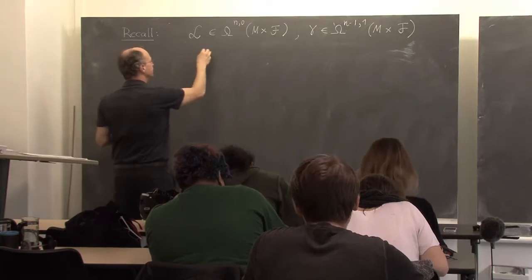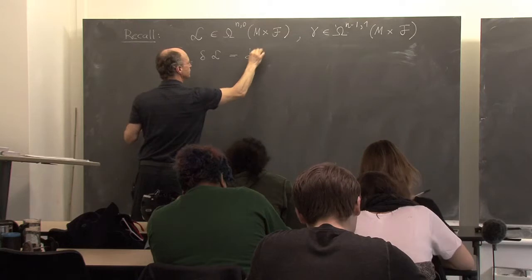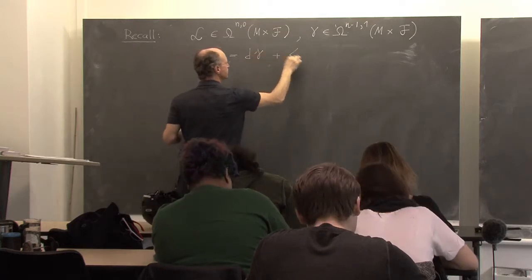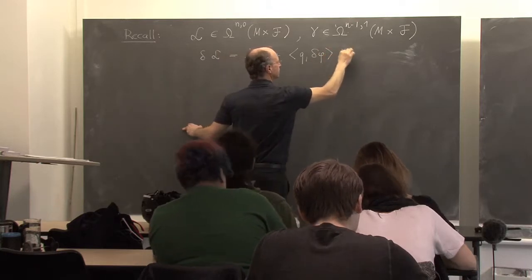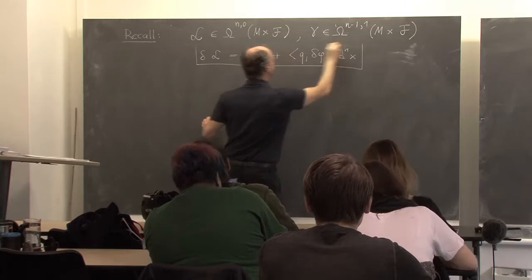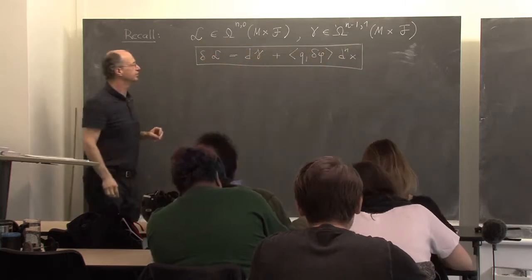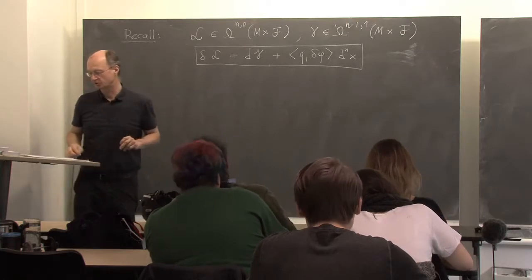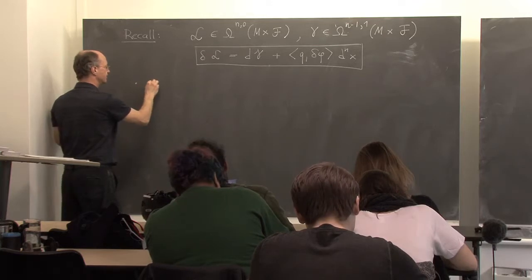So we have the key equation dL equals dγ plus Q δφ d^n x. Up to now, that's the main equation that we have. Q are the Euler-Lagrange equations. And last time we introduced the concept of a symmetry.